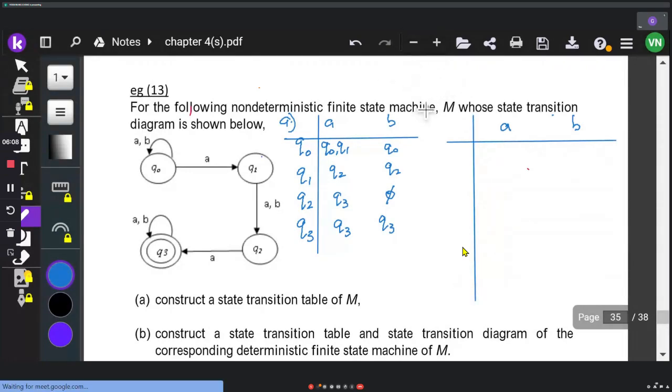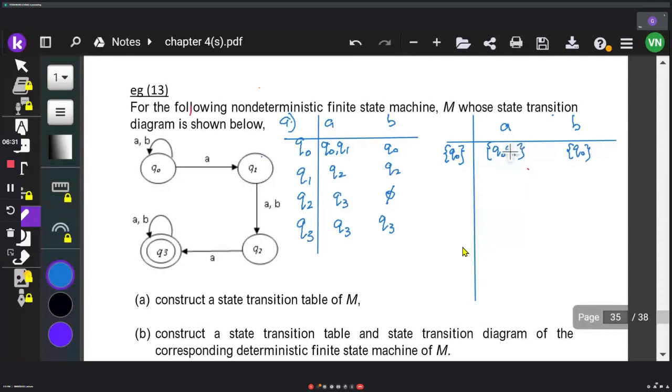So we will start with Q0. Every time when you convert, you can put it in brackets. So for Q0, you look at input A here, you have Q0, Q1, right? You just write Q0, Q1. And after that, for B, we have Q0.